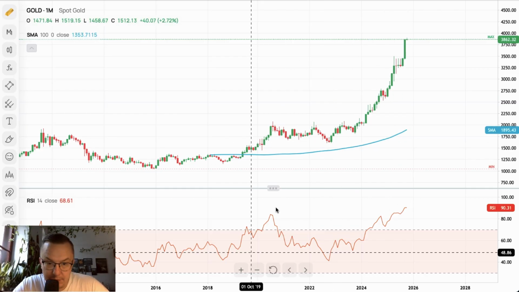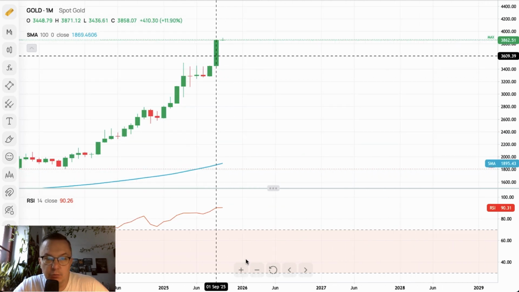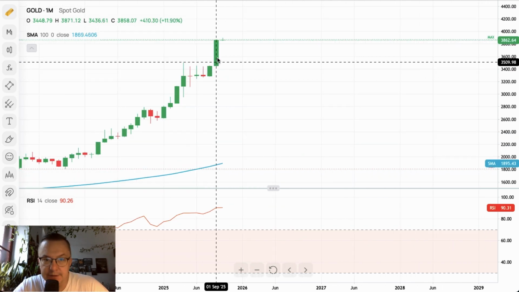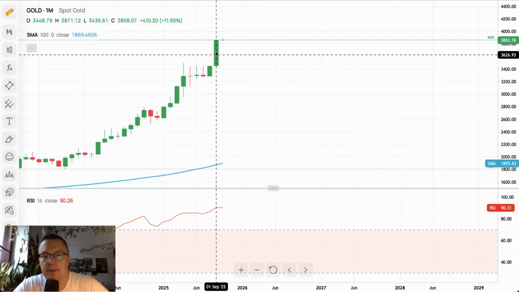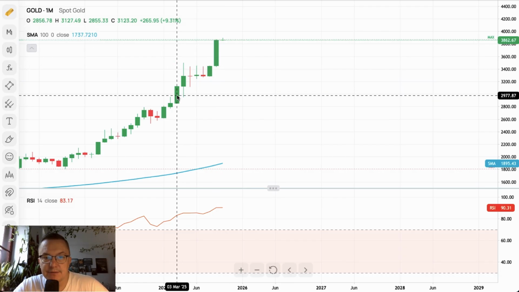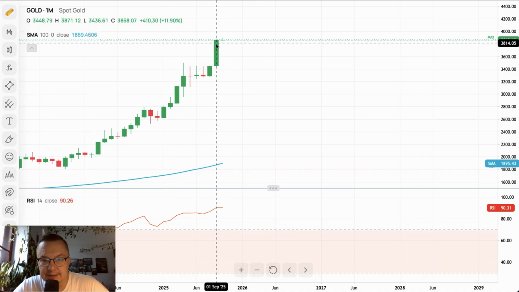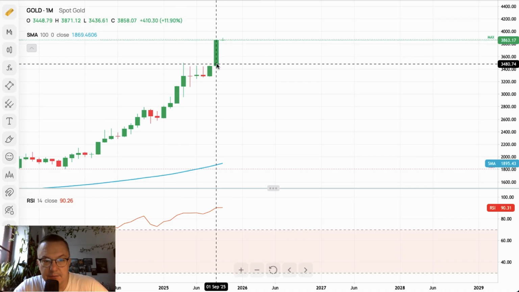Then one more thing I would like to point out on the gold market monthly chart is this candle. This is a Marubozu here in March 2025. That's another Marubozu, and that's almost a Marubozu, almost a perfect textbook example, right?